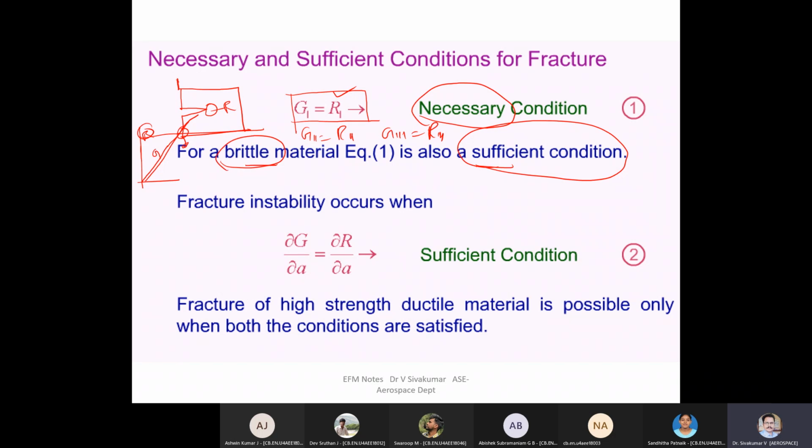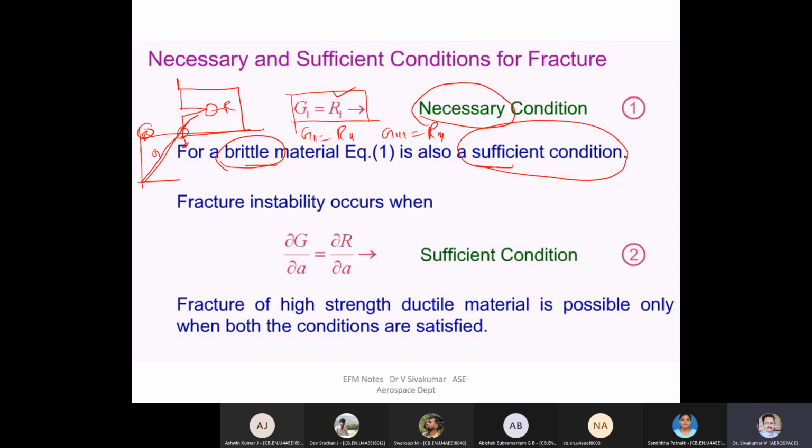They don't have the yielding property, like your glass, like your chalk piece, like your high strength alloy material, or cast iron. Likewise, so many materials you can give as examples for this particular brittleness.